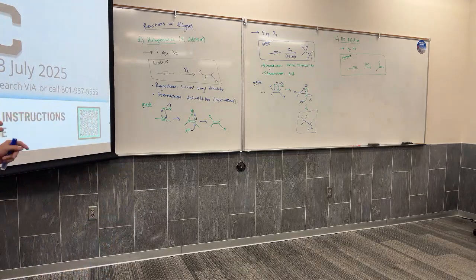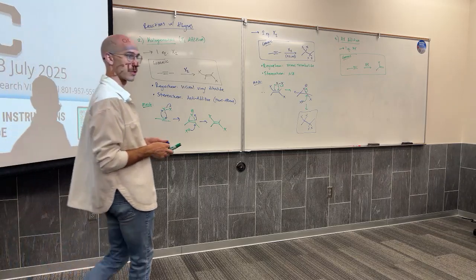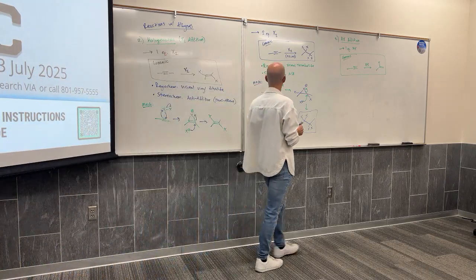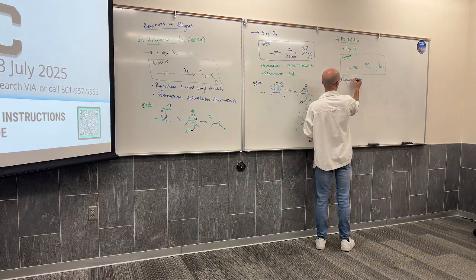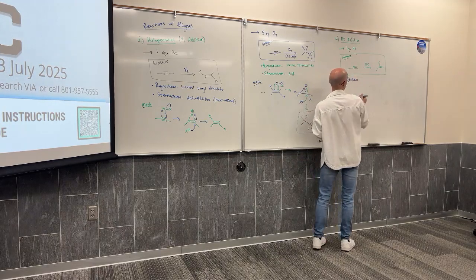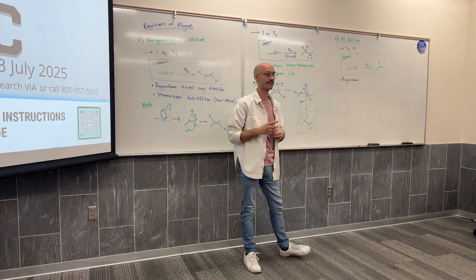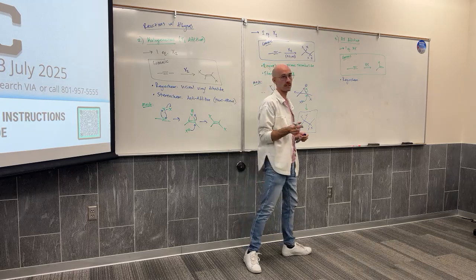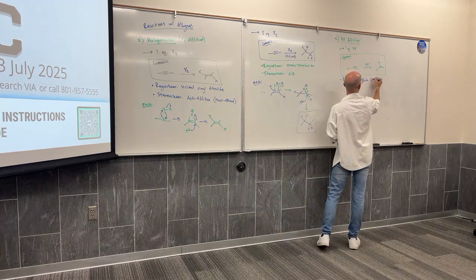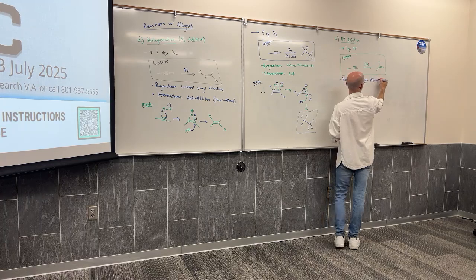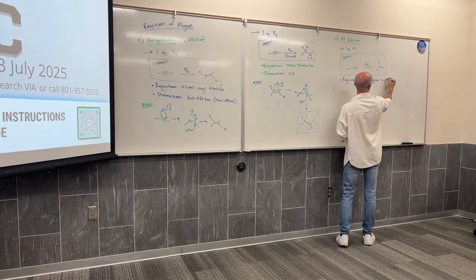One equivalence of HX adds H to the less substituted carbon, X to the more substituted carbon. So in terms of regiochemistry, we would describe this as Markovnikov addition, and it gives us a vinyl halide.